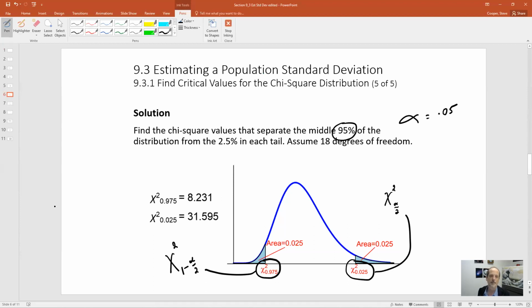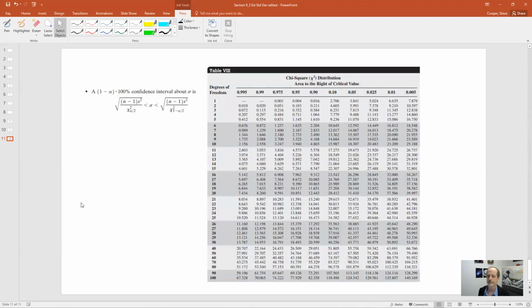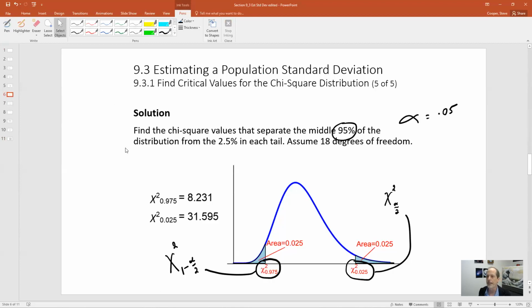I went ahead and copied the table down here on the last slide, so I'm going to go there. Okay, so here's our chi-square. And the thing that we're missing is the degrees of freedom, so let's go back here. And it's said to assume 18 degrees of freedom. So why do we assume 18 degrees of freedom?